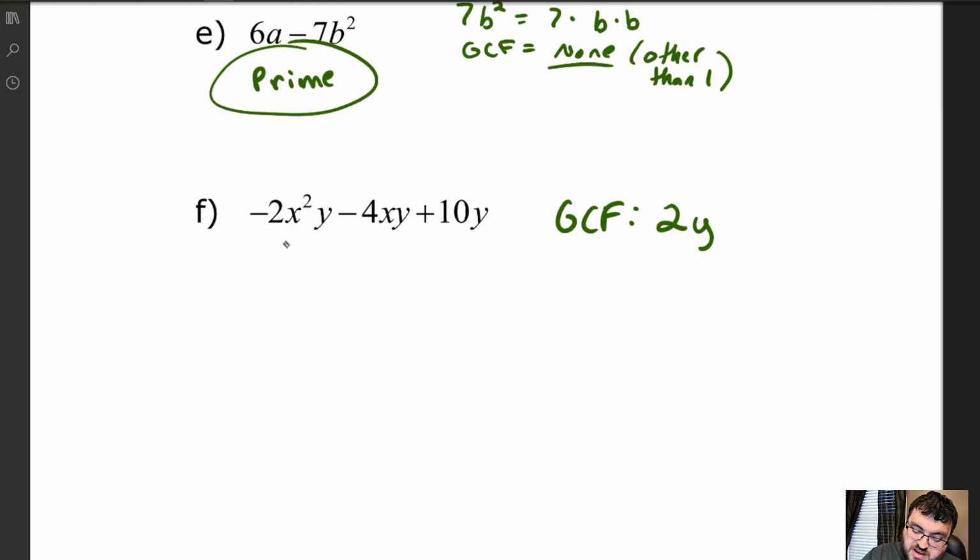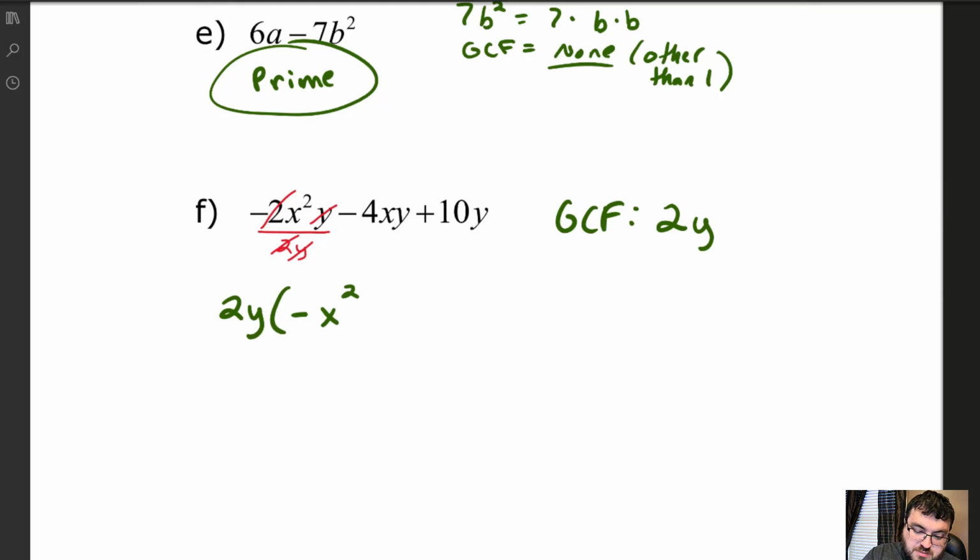When I break this down, we're going to have 2y on the outside, and then inside we're going to have negative x squared. When you factor 2y out, the y cancels, the 2 cancels. You're still going to have this negative sign and an x squared right there.